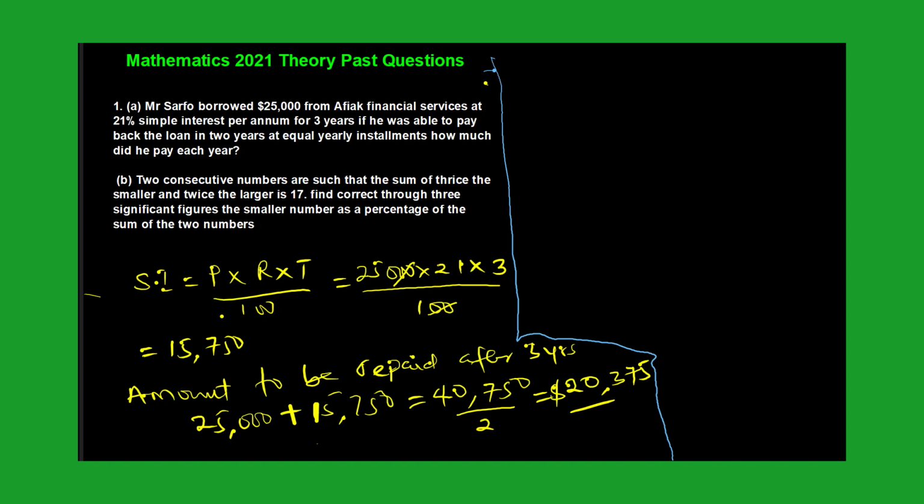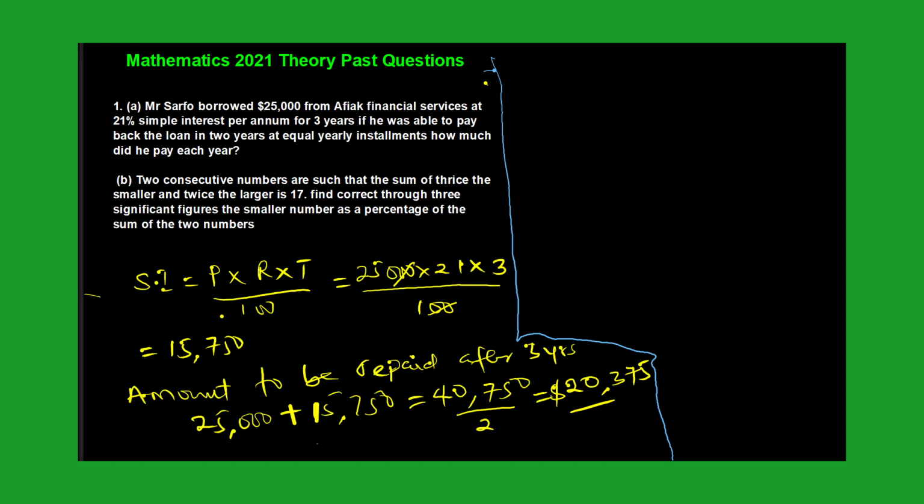But in this case, we are not sure, so I'm not going to say the numbers are x and y. I'd rather say n and n plus 1, because the two numbers will be maybe 1 and 2, or 2 and 3, 3 and 4, or 5 and 6, in that order. So to solve this, I'm going to use n and n plus 1.